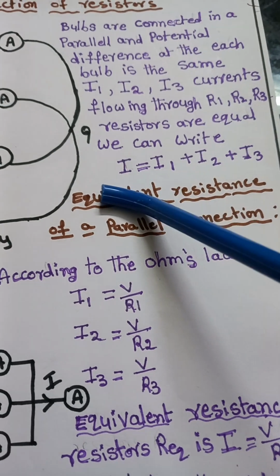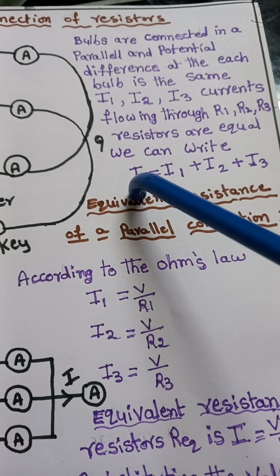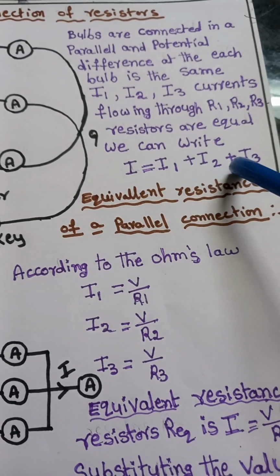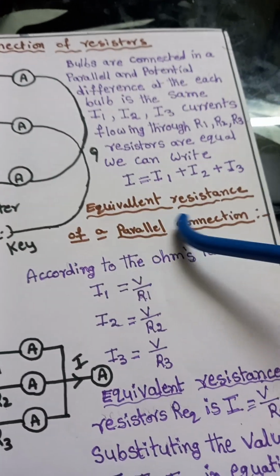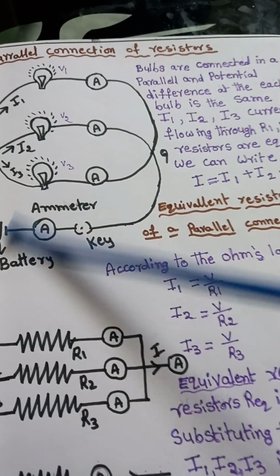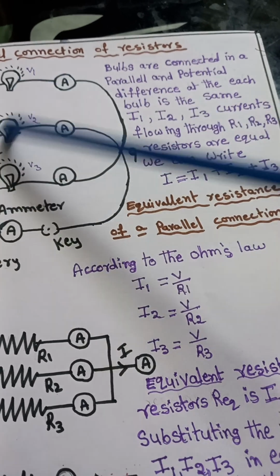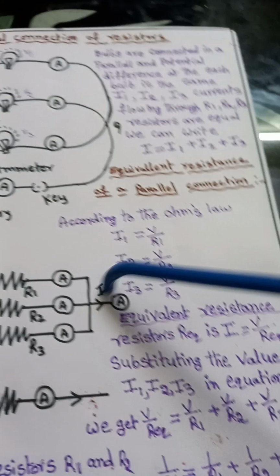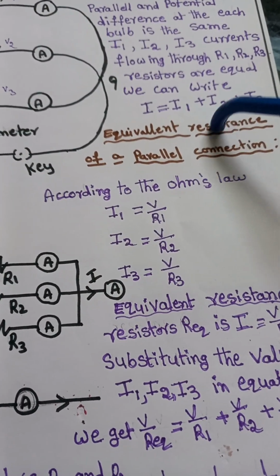We can write I is equal to I1 plus I2 plus I3. Now the equivalent resistance of a parallel connection. Here also the individual resistors are replaced by the equivalent resistance.